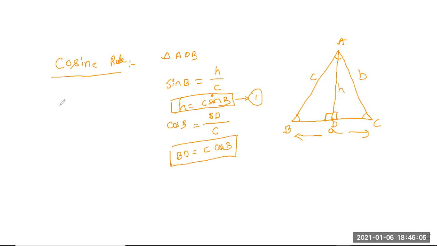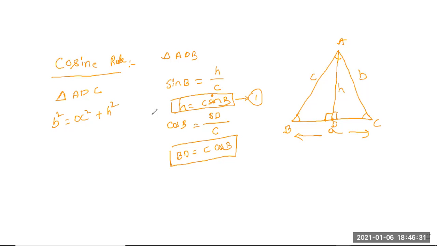Now you take triangle ADC. In triangle ADC, you apply Pythagoras theorem. So what you will get? Lowercase b square is equal to DC square plus h square.